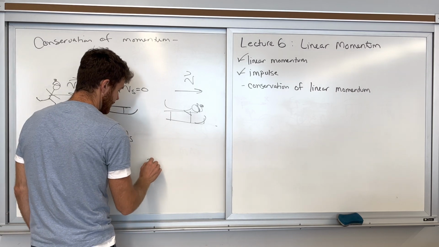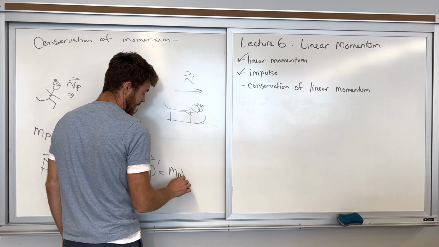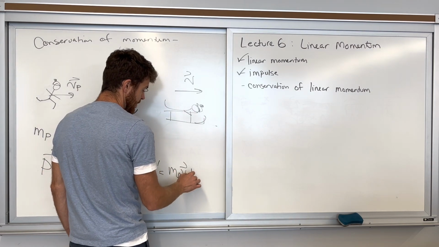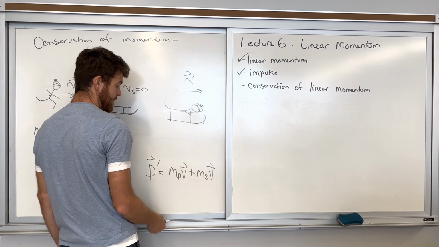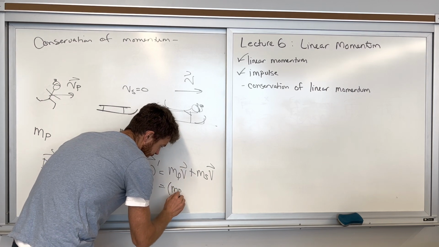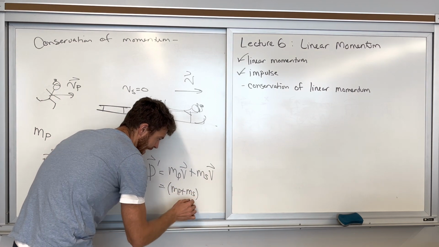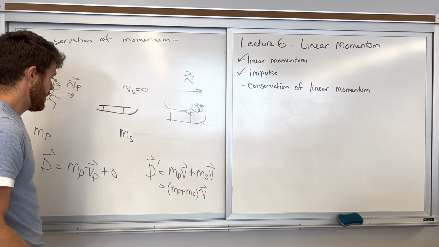Now, the momentum afterwards is the mass of the person multiplied by whatever speed you're traveling at, plus the mass of the sled multiplied by the same speed, since we're sliding together. You can factor out the velocity. You get the mass of the person plus the mass of the sled, the combined mass, times the velocity which they move together with.